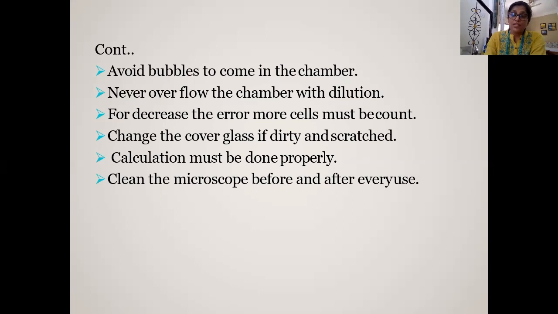But when you are counting a cell without a nucleus, like the RBCs and the platelets, you just move the fine adjustment a little up and down, and you will see a sparkling shadow of the liquid material inside the cell, of the cytoplasm of the cell. So that glitter, that shine will tell you whether it is a cell or an artifact. And a cell has a regular boundary, whereas artifacts have irregular boundaries.